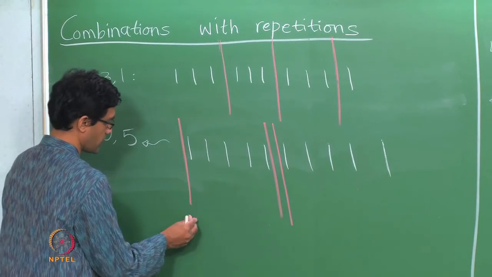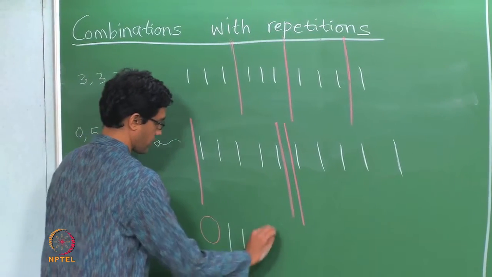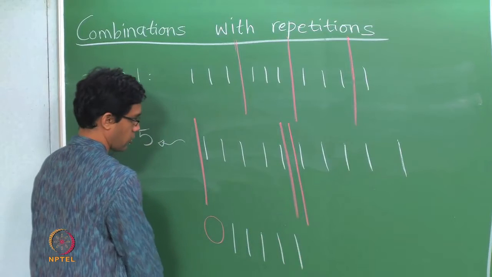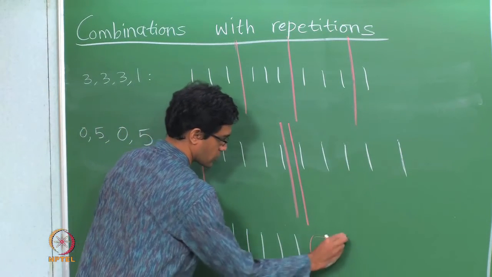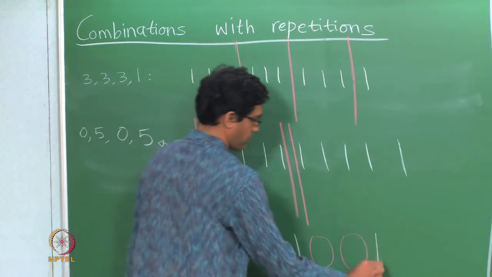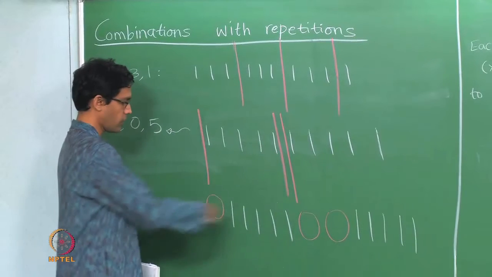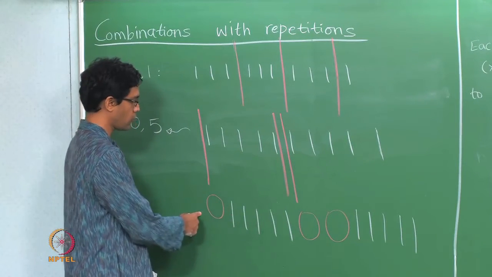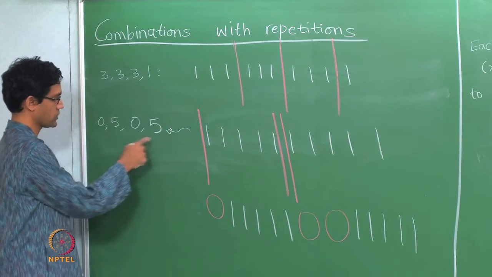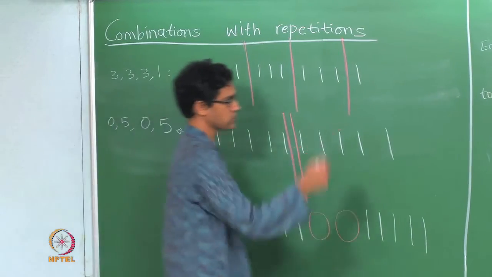It would be a 0 followed by 5 1s followed by 2 dividers, which means 2 zeros, followed by 5 more 1s. So this string of 13 symbols, 10 1s and 3 zeros, encodes the solution 0, 5, 0, 5 to that original equation.